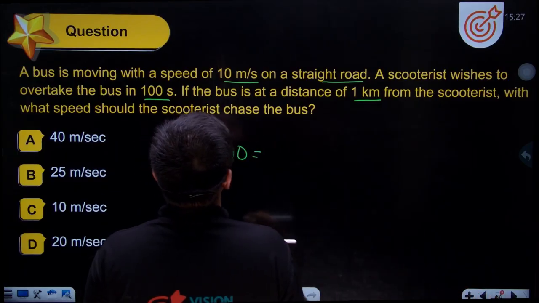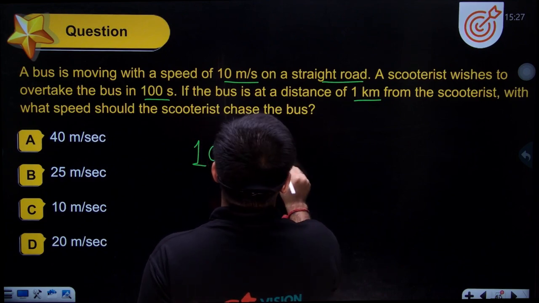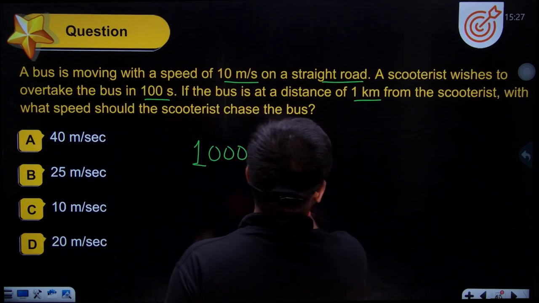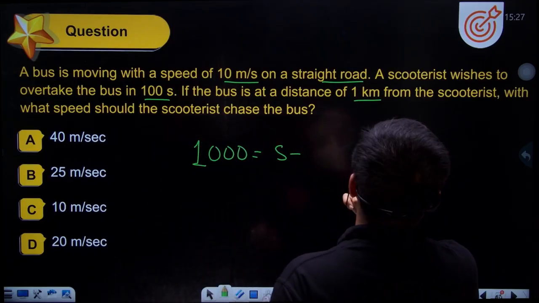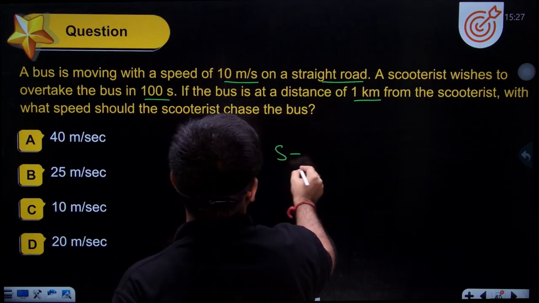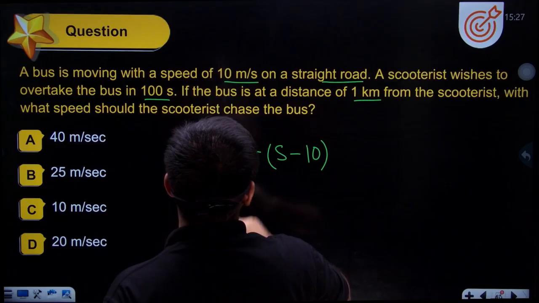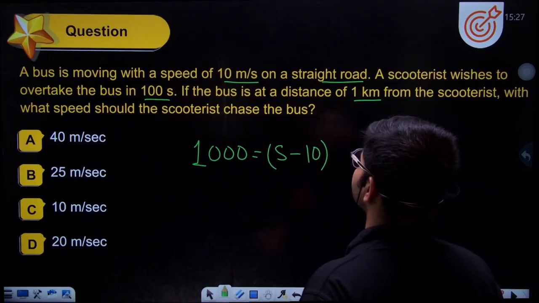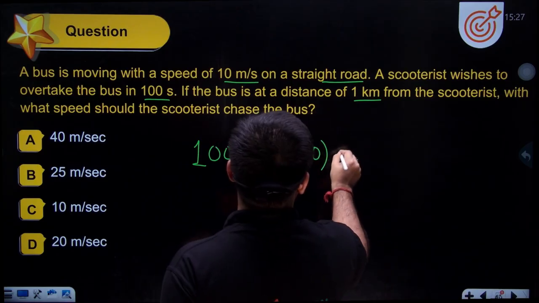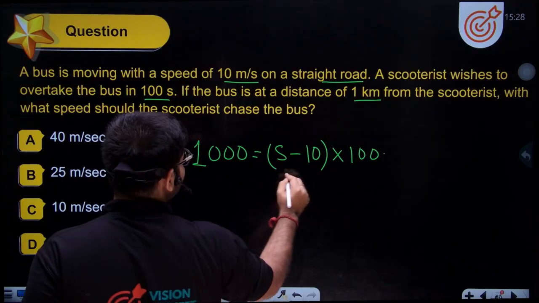So let the speed of the scooterist be S, and the relative speed is going to be S minus 10, because 10 is the speed of the bus. So S minus 10 into 100 seconds, in which it is trying to overtake it. Distance is equal to speed into time.